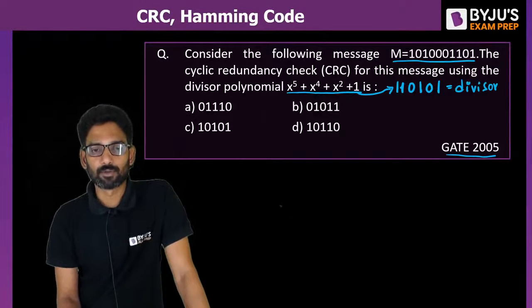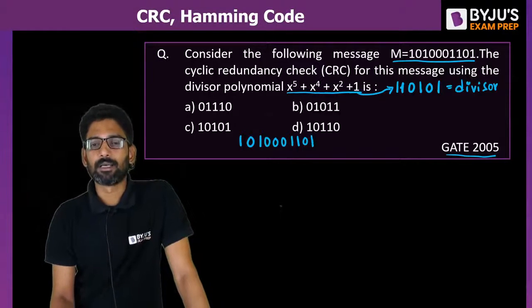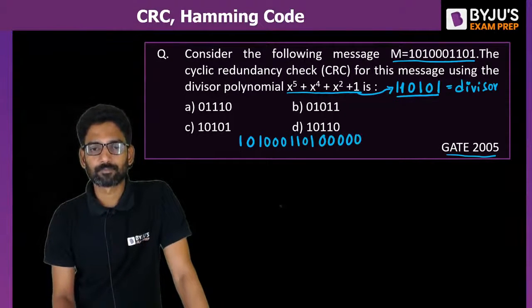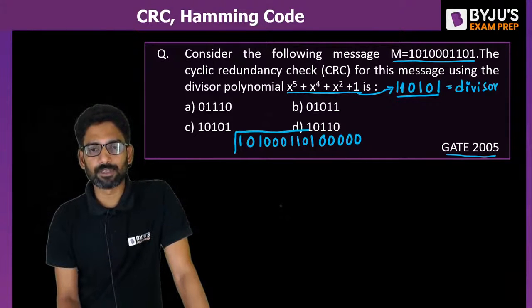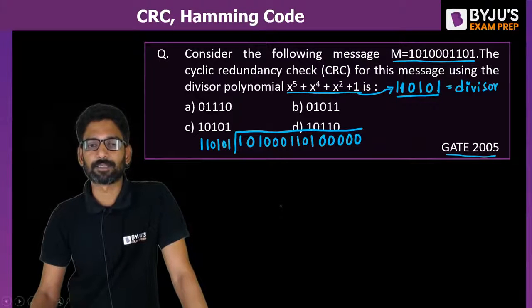Right? Now form the dividend: 1 0 1 0 0 1 1 0 1. As the divisor has 6 bits, append 5 zeros. Now do the division procedure. 1 1 0 1 0 1, that is the divisor.